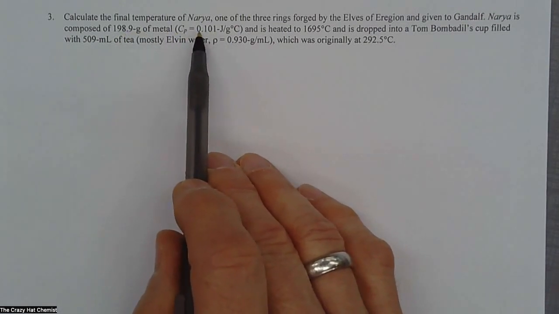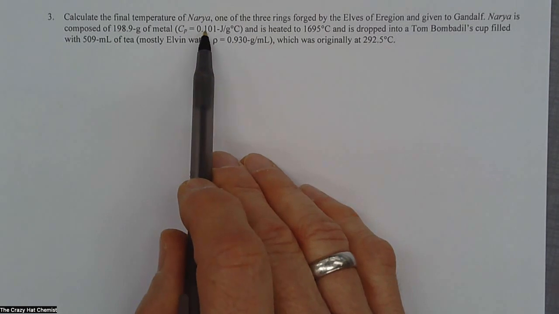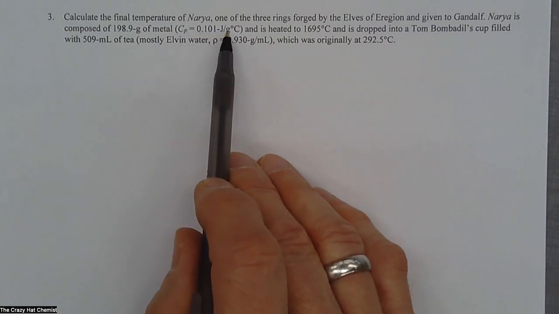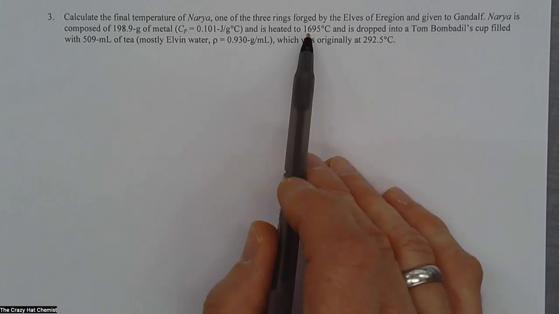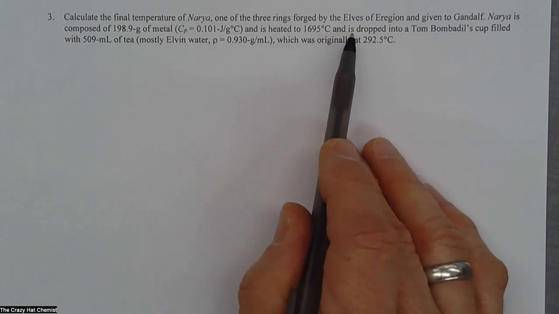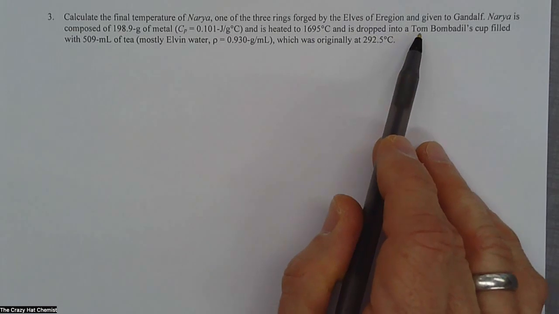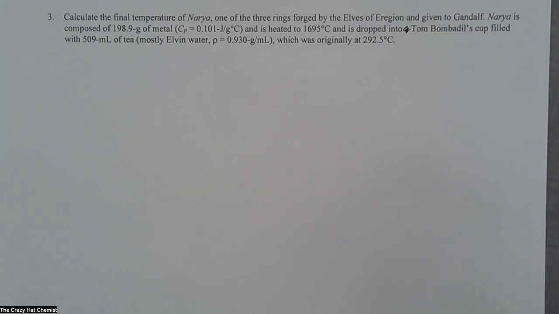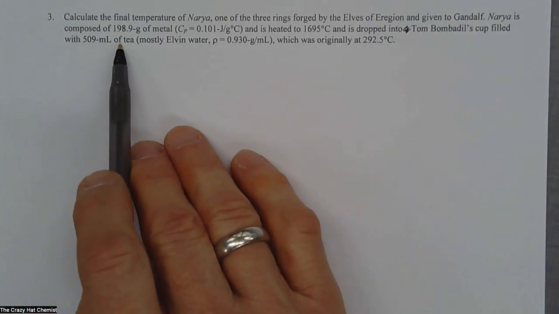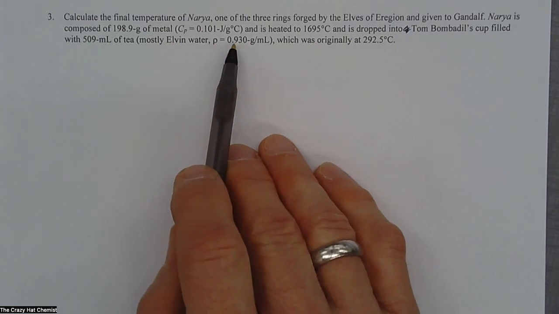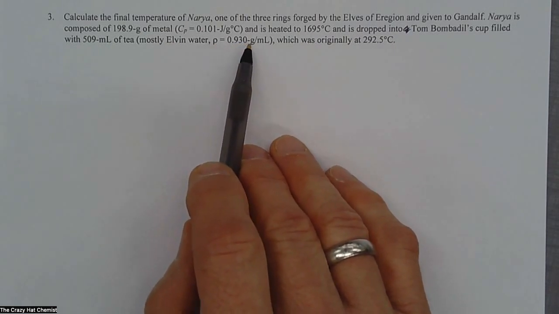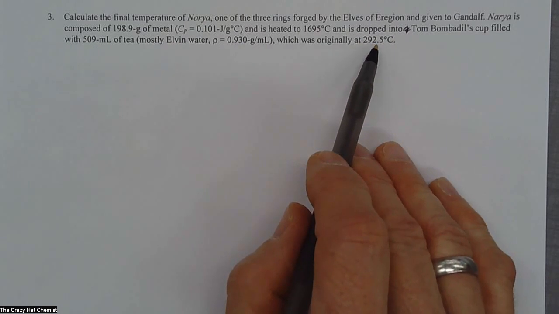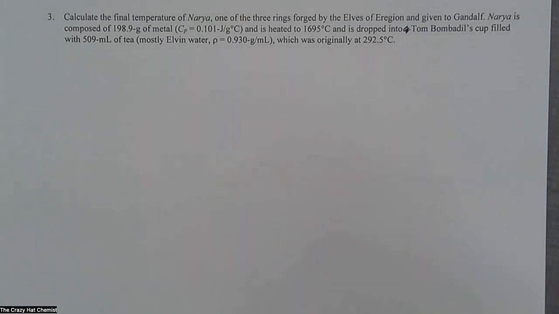The specific heat capacity is 0.101 joules per gram degree Celsius and it is heated to 1,695 degrees Celsius and dropped into Tom Bombadil's cup filled with 509 milliliters of tea, mostly elven water, with a density of 0.930 grams per mL, which was originally at 292.5 degrees Celsius. All right, bringing in a little bit of the Lord of the Rings into your life here.